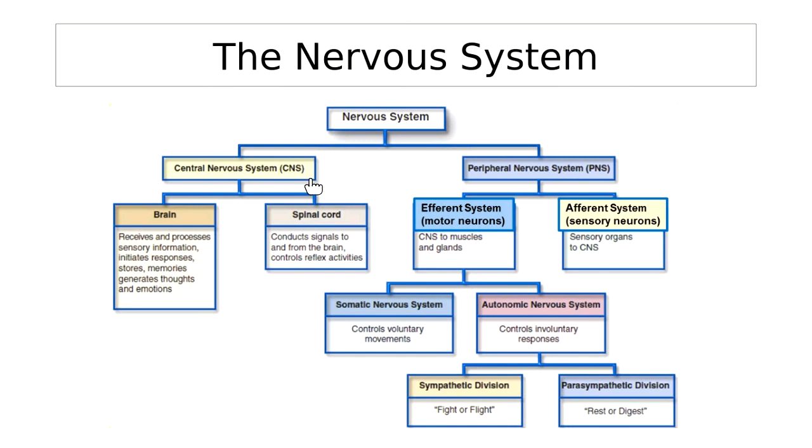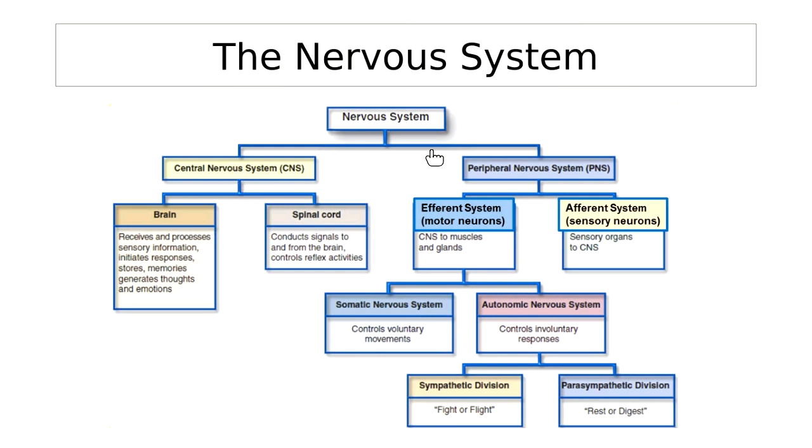The central nervous system consists of the brain and the spinal cord. It receives all of the body's sensations. All nervous impulses to stimulate the muscles and glands come from the central nervous system.